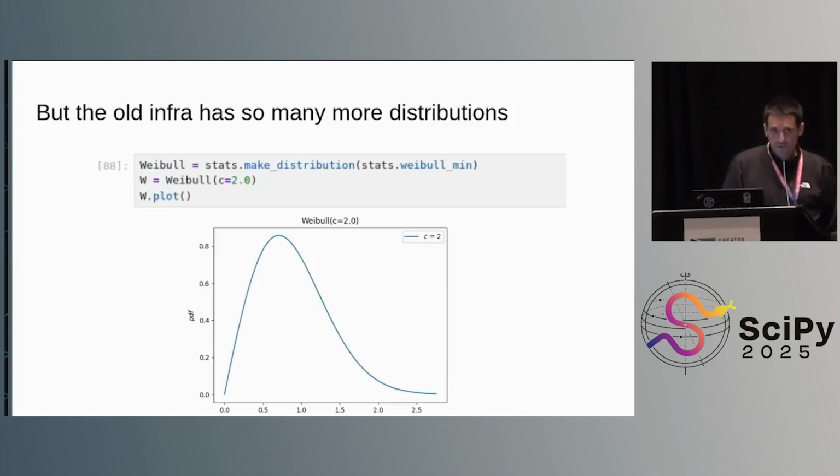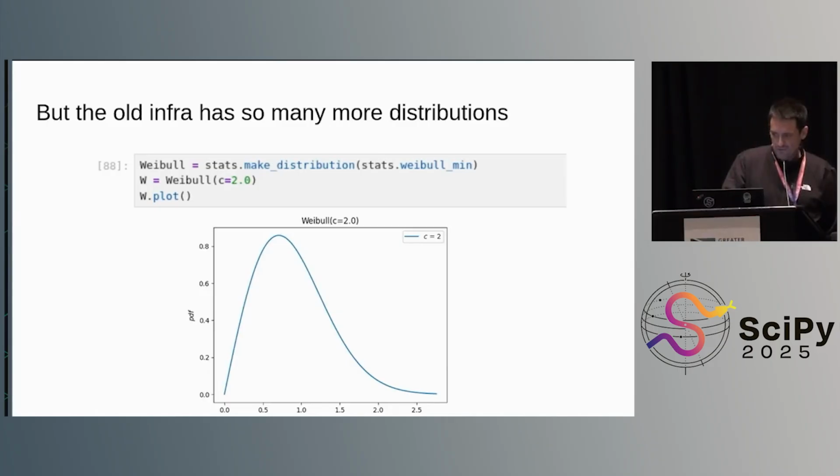But the old infrastructure has so many distributions in it, and the new infrastructure right now just has normal and uniform. There's more coming. But everything from the old infrastructure can be turned into something in the new infrastructure with this function, make distribution.